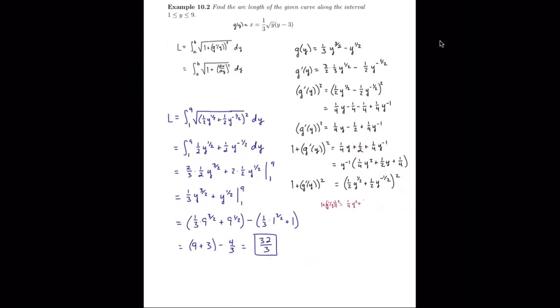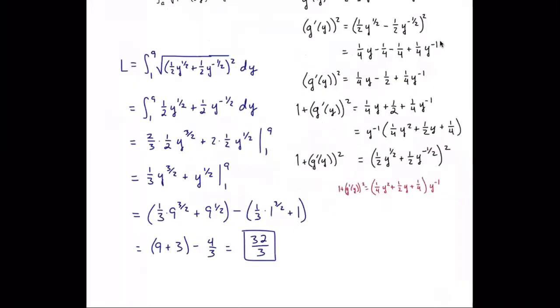I'm just going to multiply everything by y, 1/2 y plus 1/4. And then what I'll have to remember is that I multiplied everything by y to the first power, so I need to offset for that and multiply by y to the -1. Okay, so that's essentially the same thing that we have here, right? If you multiply through by y to the -1, you'll recover that expression.